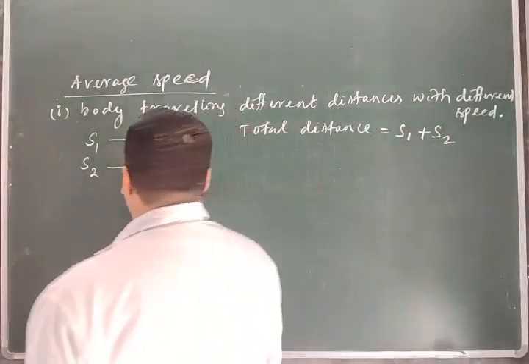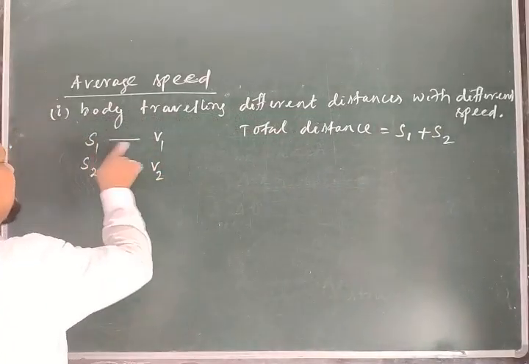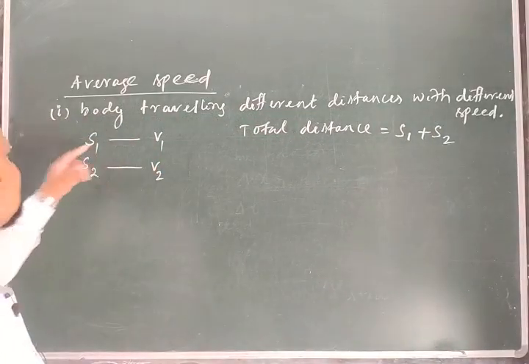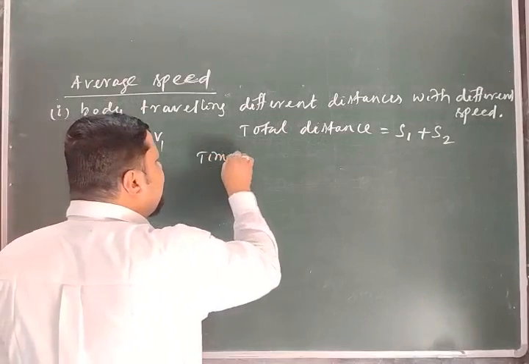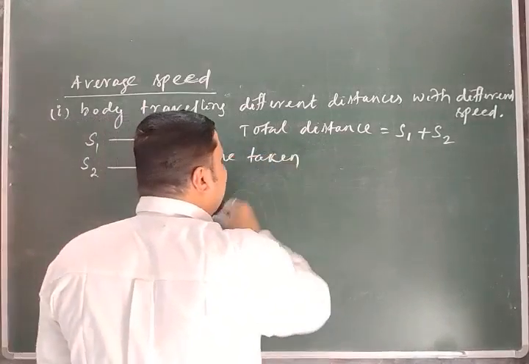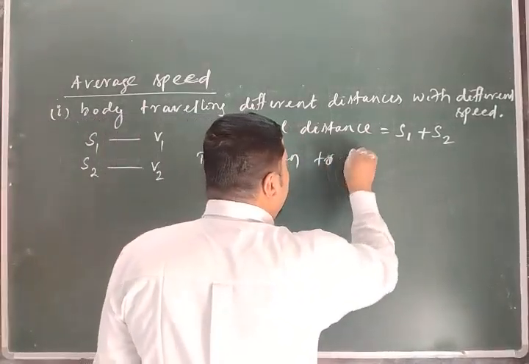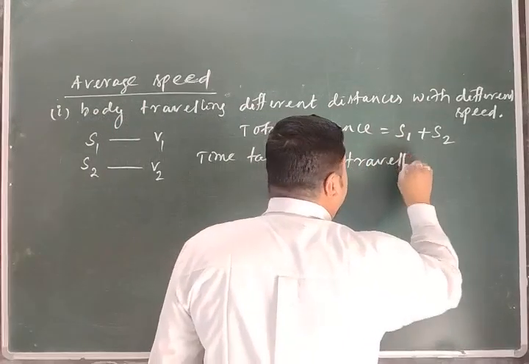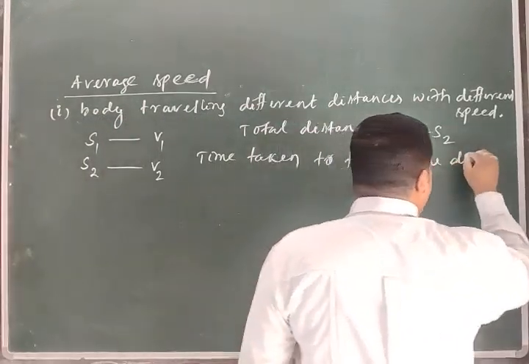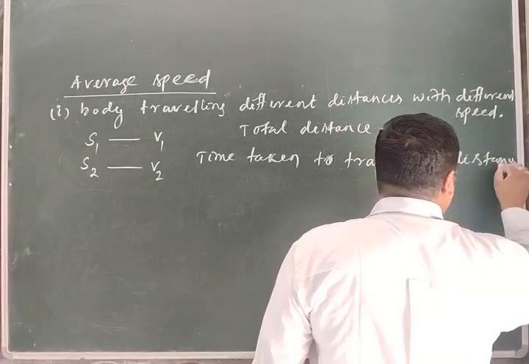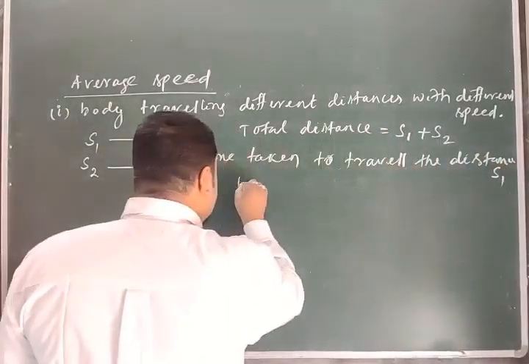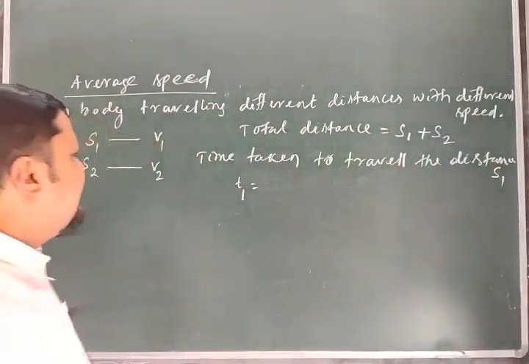Now we find the total time taken. Let the time taken to travel the distance S1 be T1. What is the time taken T1?